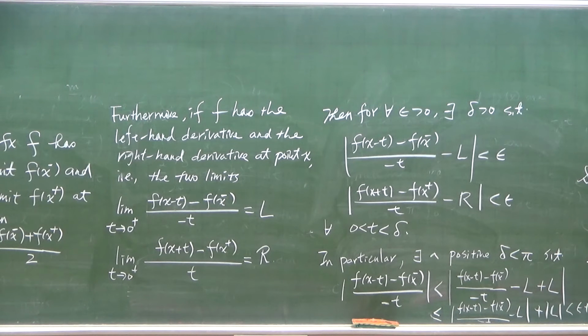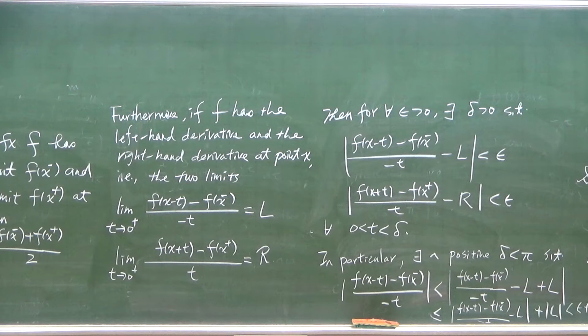I rewrite this one here, x minus t plus t, divided by t minus t. I can write it this way.